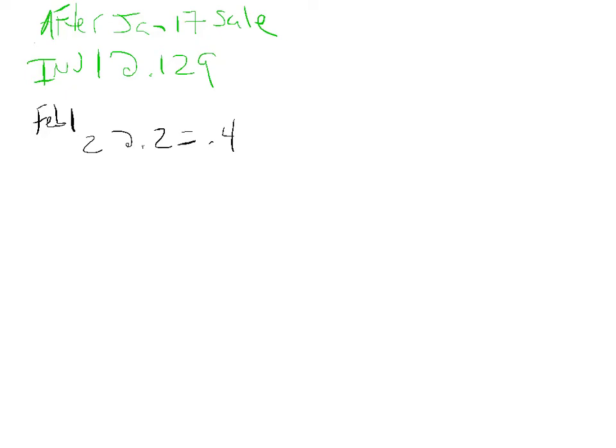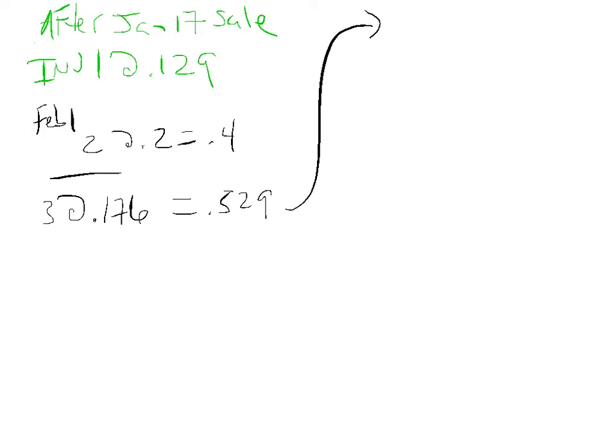And so right then, total up our inventory, and we have 3, and our total cost is 0.529, and that gives us an average cost of 0.176, okay? Because remember, 0.529 divided by 3 equals 0.176, right?